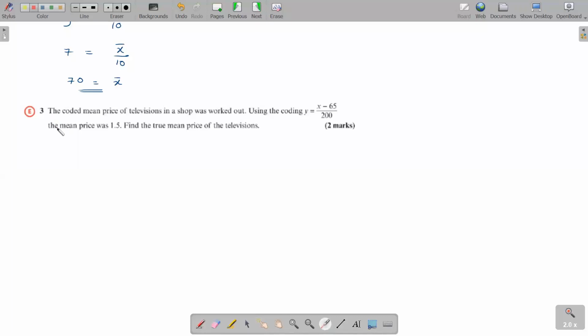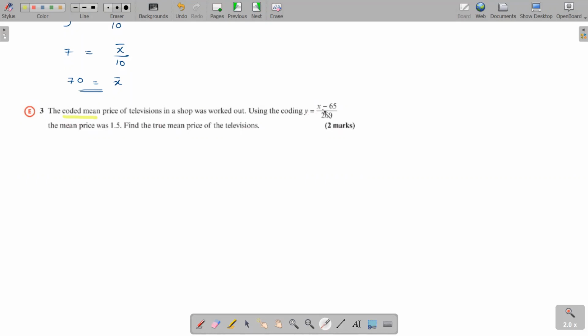Question number 3. So next I choose question number 3. The coded mean price of a television in a shop was worked out. So what mean price have they worked out? The coded mean price, which means you have the mean for the coded data, not for the original data. Okay, using the coding y equal x minus 65 over 200. So in this case, who is the coded data?